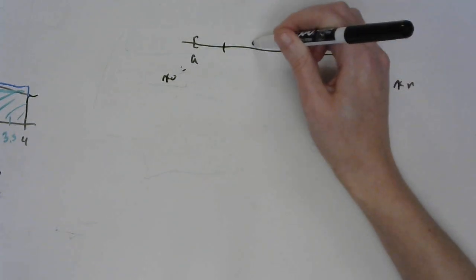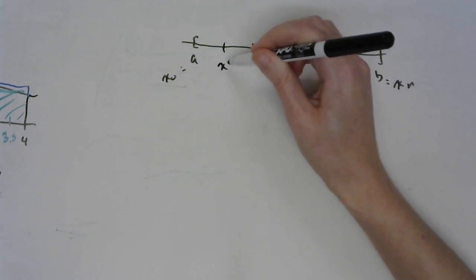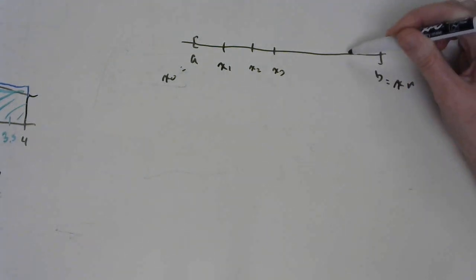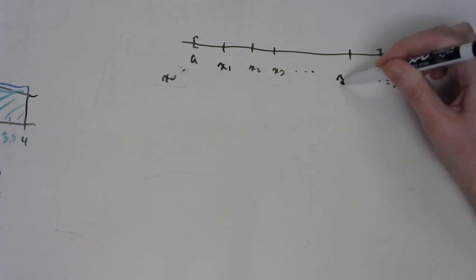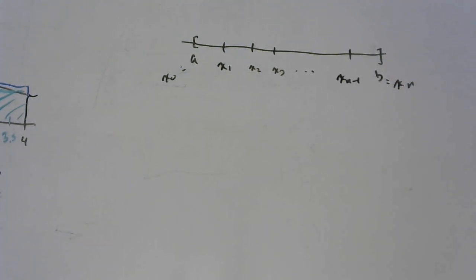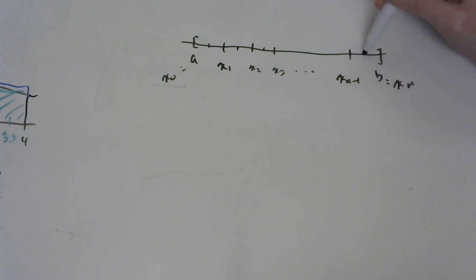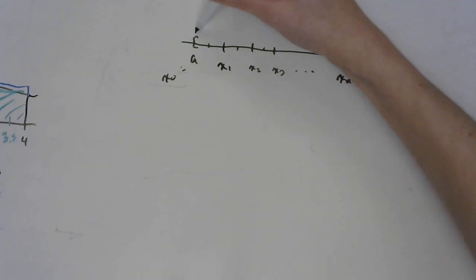I have my various x sub 1, x sub 2, x sub 3, and then all the way up to x sub n minus 1. So my midpoints are right in here. I know that this gap here is of length delta x.